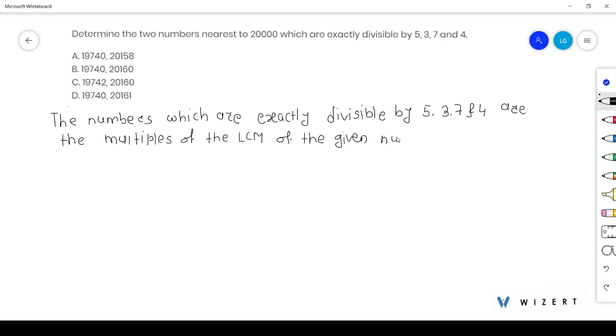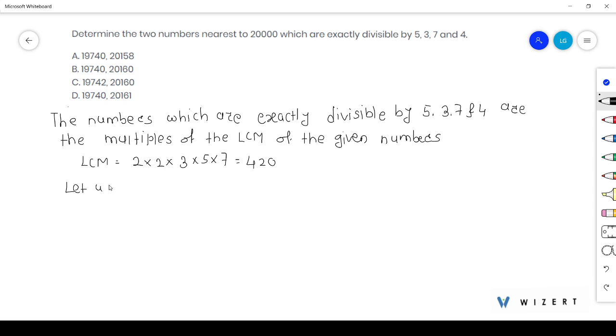Okay. So now the least common multiple is, here it is, 2 into 2 into 3 into 5 into 7. It means 420 is the least common multiple.